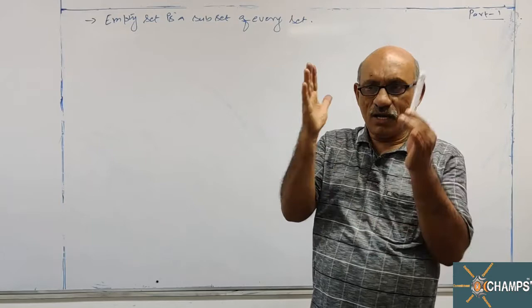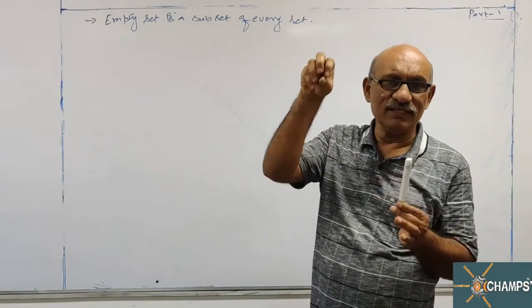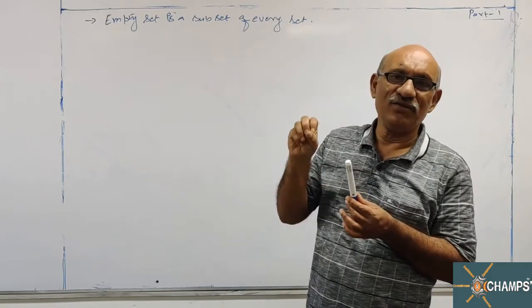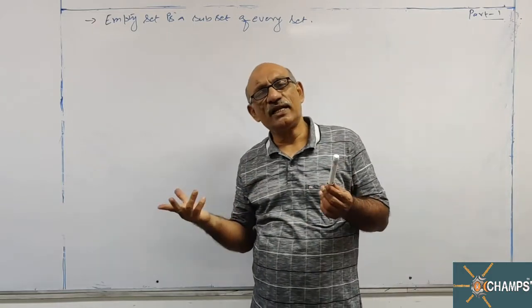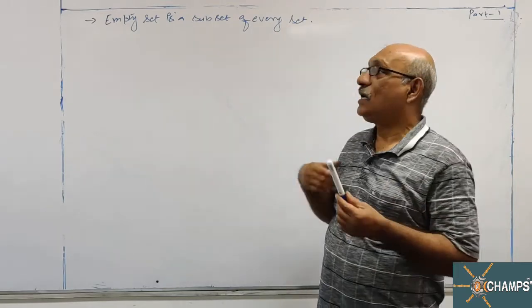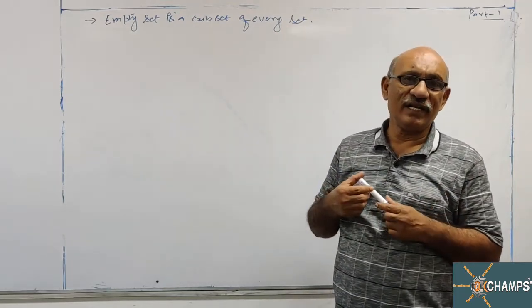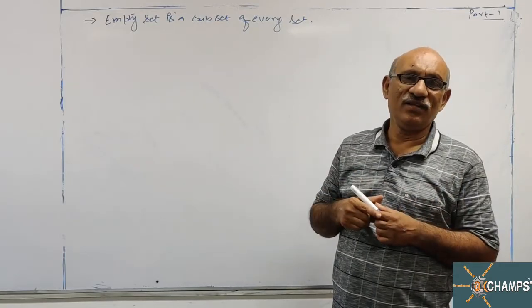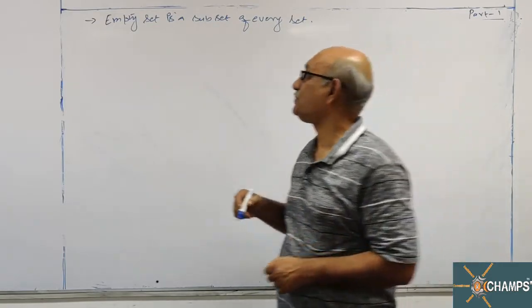Subset is from a parent set you are selecting some elements. If I don't select any element, then there is no element in the selected set. When there is no element in the selected set, it is called an empty set. Therefore, empty set is a subset of every set.